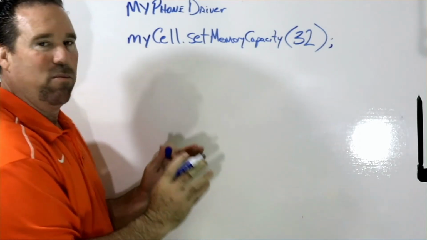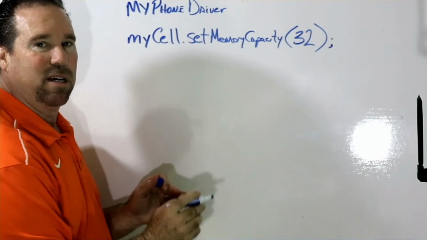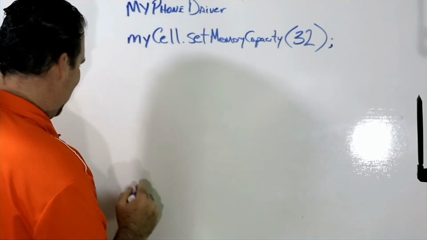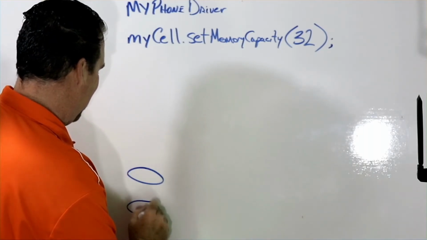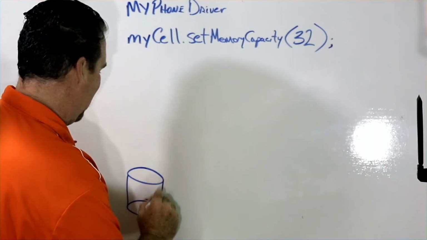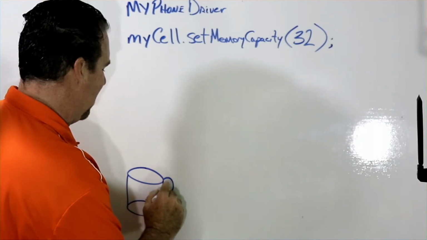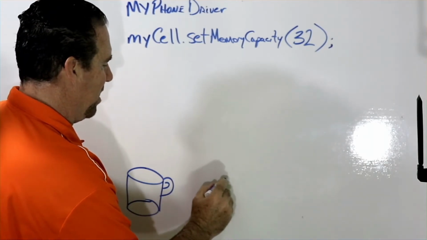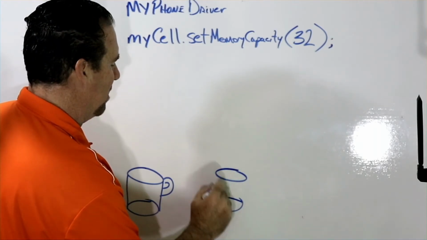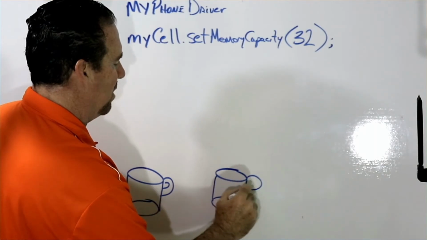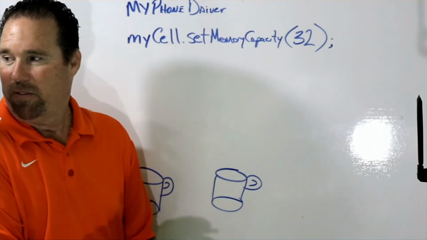Okay, and the way I'm going to describe this is by using coffee cups. All right, so I'm going to put a coffee cup here, and I'm going to put one here. Okay, see if you guys can see that.